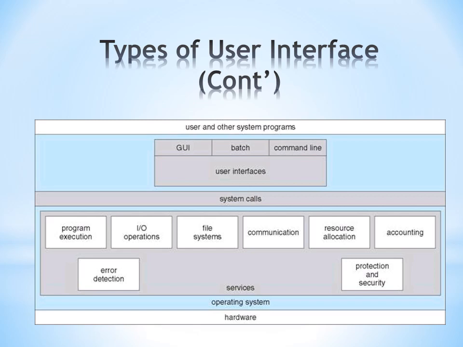For example, you use the mouse to click to open your file. This request to open the file goes to the system call, and the system call sends it to the file system, which then responds back to the user, and you can see that your file is being opened.